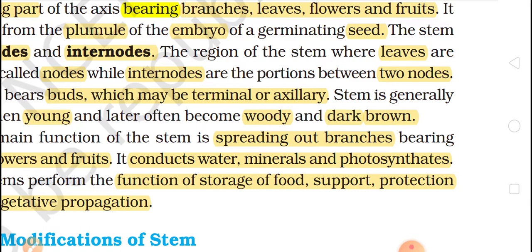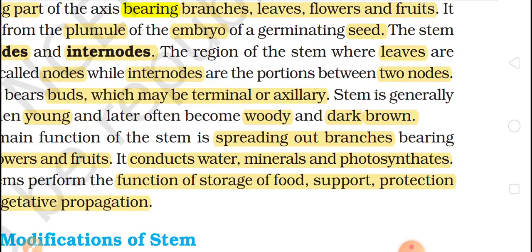For example, in potato and ginger, the stems are modified to store food. In cucumber and watermelon, the stems are modified into tendrils for climbing, and in Bougainvillea, the stems are modified into thorns that help in defense, protecting the plants from animals.